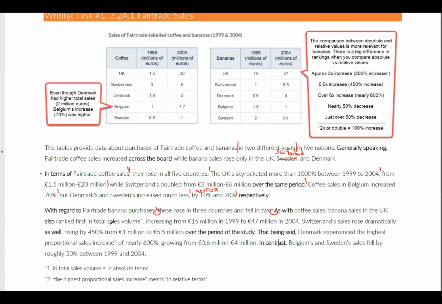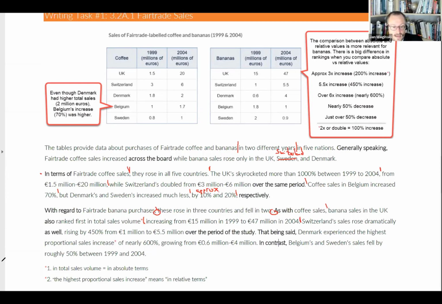Right? With regard to Fairtrade banana purchases, pause. These rose in 3 countries and fell in 2. As with coffee sales, banana sales in the UK also ranked first in total sales volume, increasing from 15 million in 1999 to 47 million in 2004.